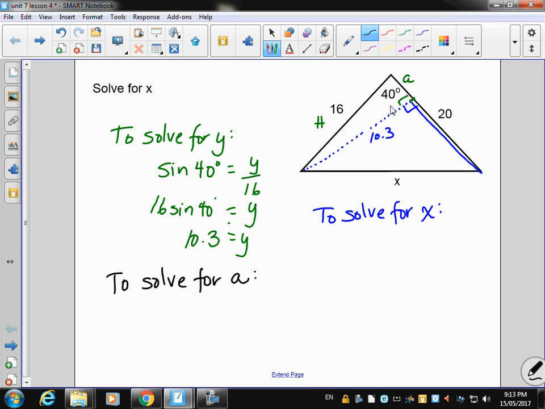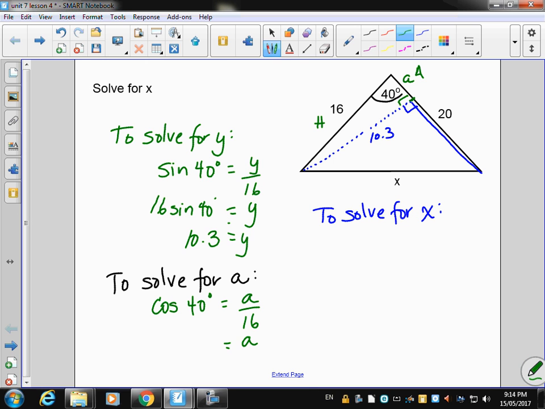With my diagram, it doesn't look like it's very long, but you never know. So using that angle of 40 degrees again, I have the 16, which is the hypotenuse. This time I would like to find little a, which is the adjacent side. If I want adjacent and have hypotenuse, I'm going to use the cosine ratio. Cos of 40 degrees is little a over 16.